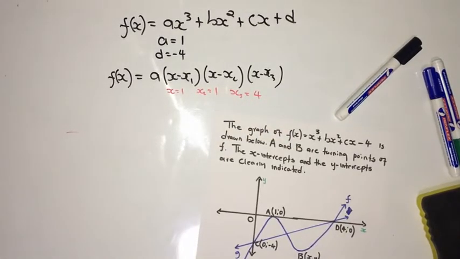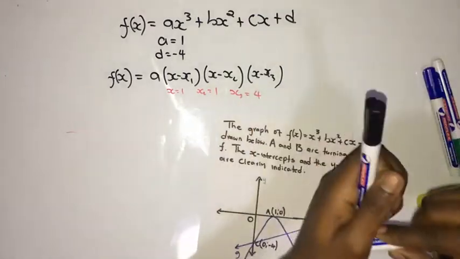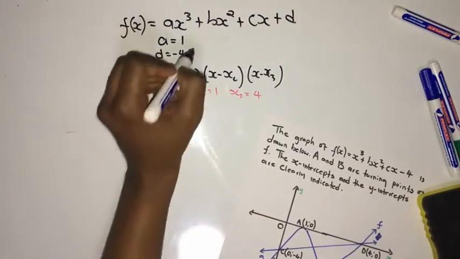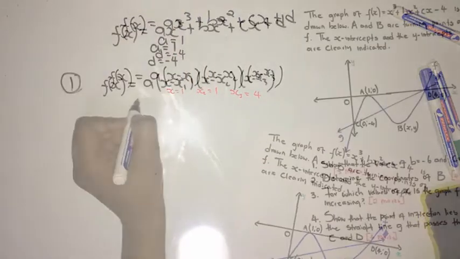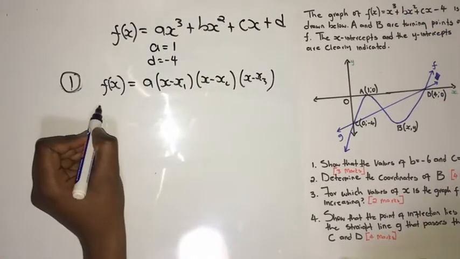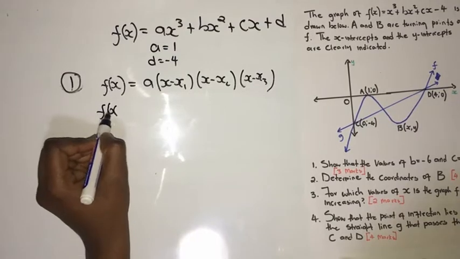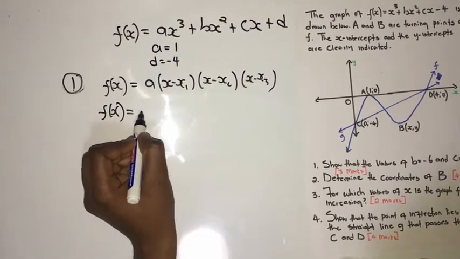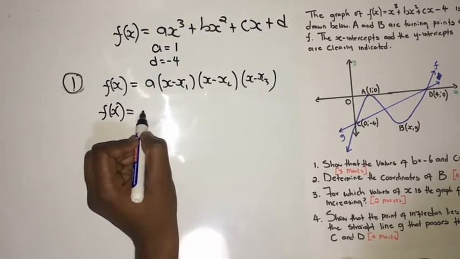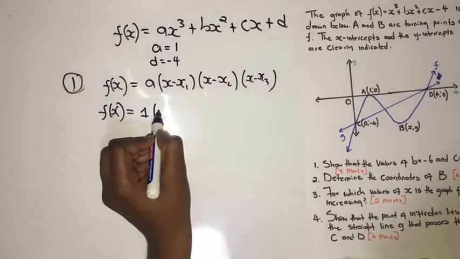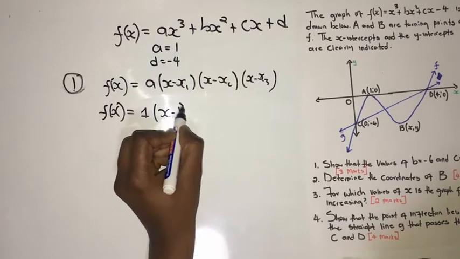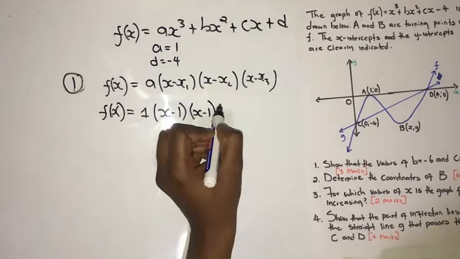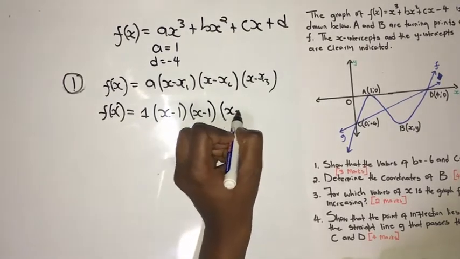All right, so now we can go back into the equation. Remember, we know what a is. A is 1 because we can see from that. Taking this further, f of x is equivalent to 1, that's your a, then x minus 1, and then x minus 1, and then again x minus 4.